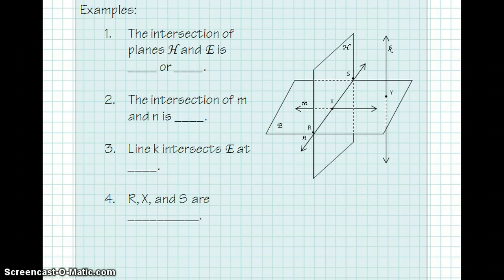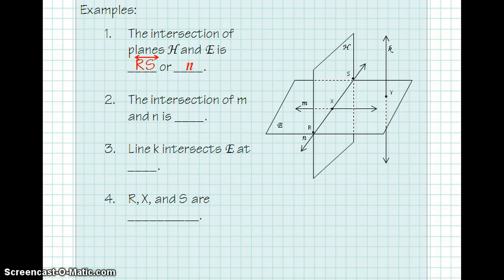So for examples here, if I have these two planes intersecting, the intersection of planes H and E is going to be a straight line, which we can call RS, or SR, as long as we put the little double arrowhead above it, or we can call it by the lowercase letter n.